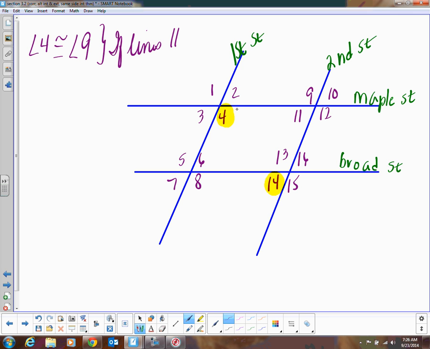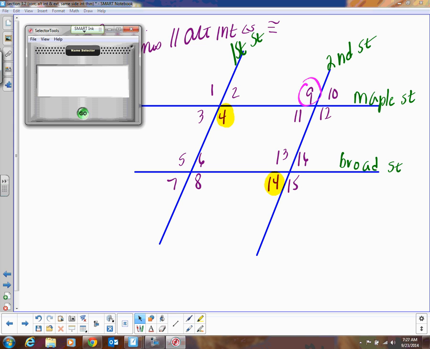Alternate interior angles. Right. Alternate interior angles are what? Congruent. All right. So she has worked us over to 9. So now we're at the corner of 2nd Street and Maple Street. So now we can work our way towards 14.